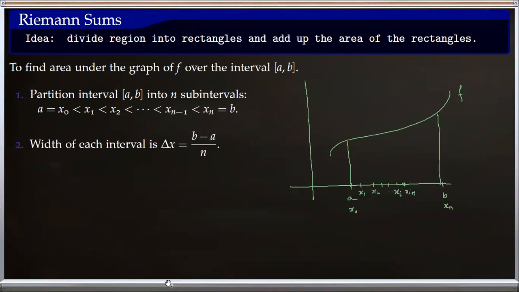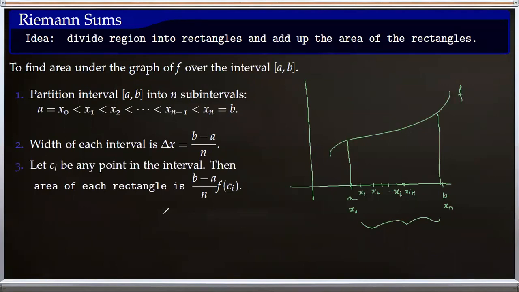And then if we do the partition such that all the subintervals have the same width, then each interval has width (b minus a) over n, because we are dividing the length b minus a into n parts. So the width will be (b minus a) over n.